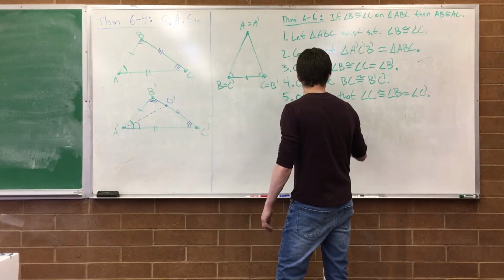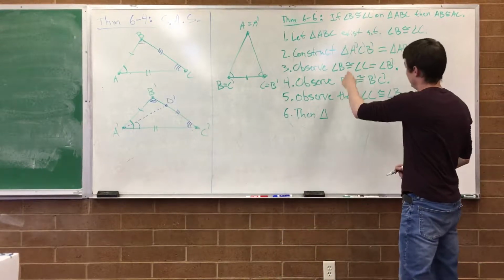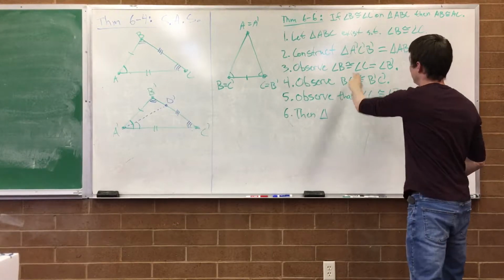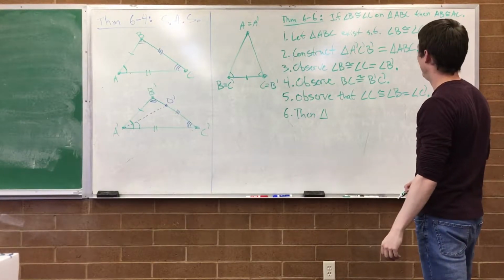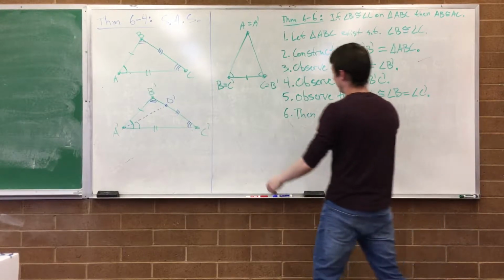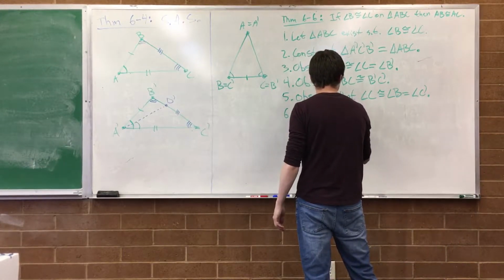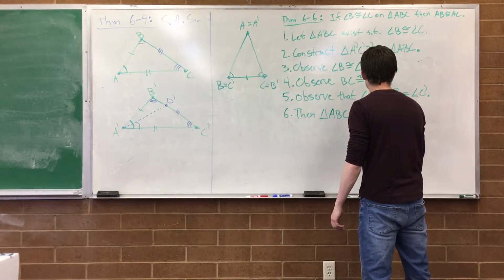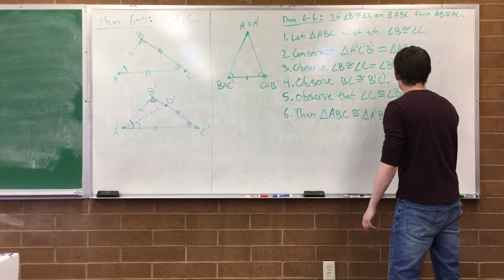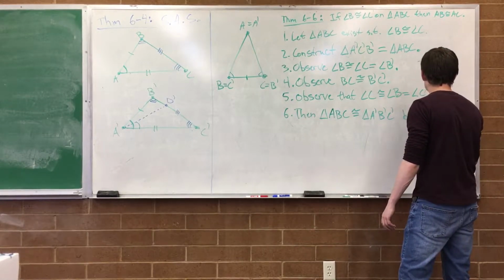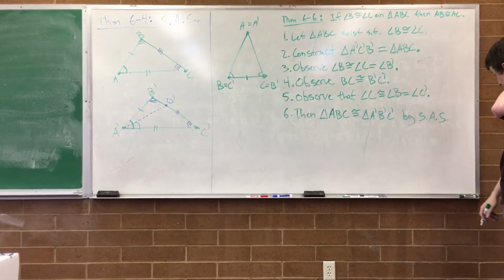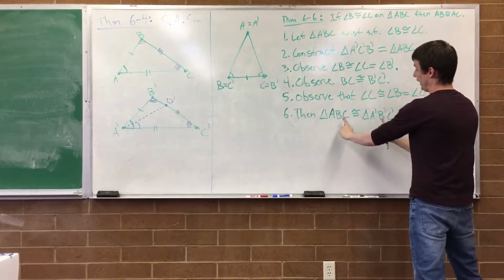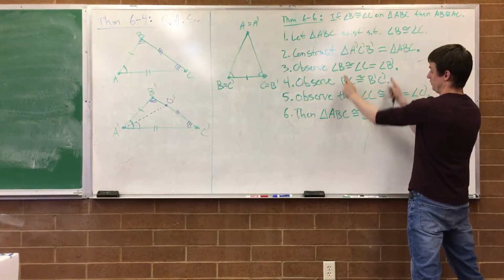Then triangle, let's see the order that we did. Oh, we didn't use A to name it. So triangle ABC is congruent to triangle A prime, B prime, C prime by side, angle, side. Isn't it A prime, C prime? Yeah, you're right. Then, therefore, we had B congruent to B prime.